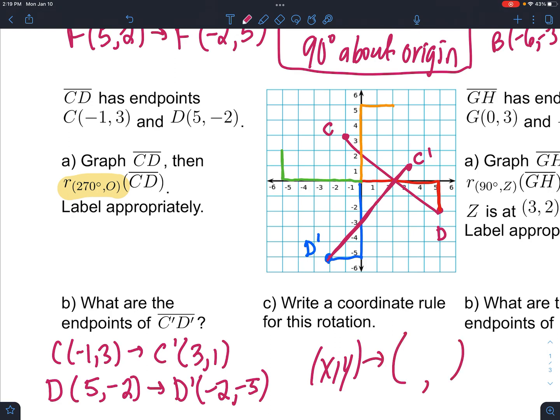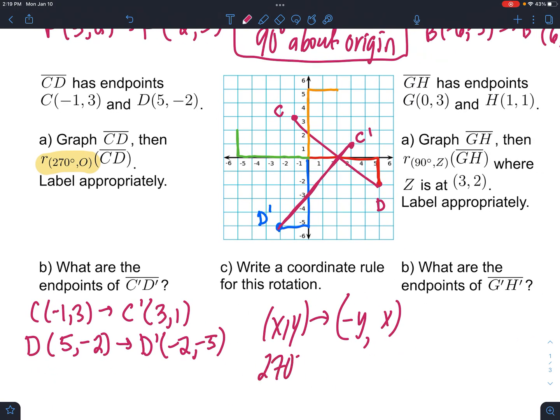So talking about the coordinate rule, what's the pattern? We see that the 1 and the 3 flip, and then a negative sign shows up at the beginning. So we flip the 2 spots and put a negative sign at the beginning. So this would be a 270 degree rotation about the origin.